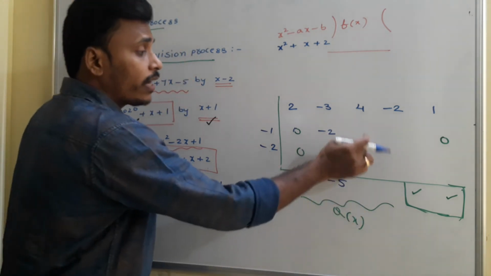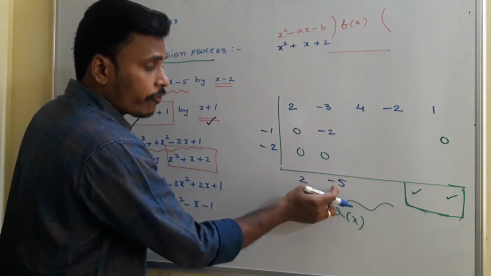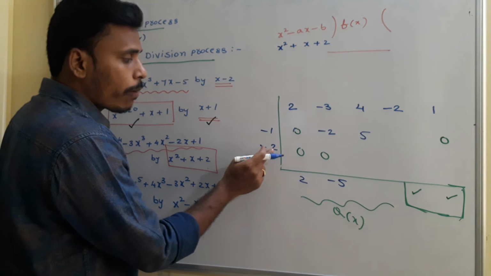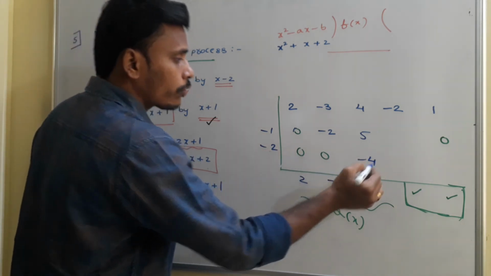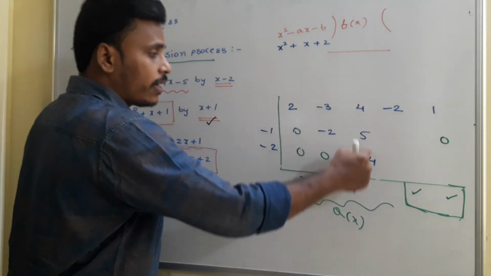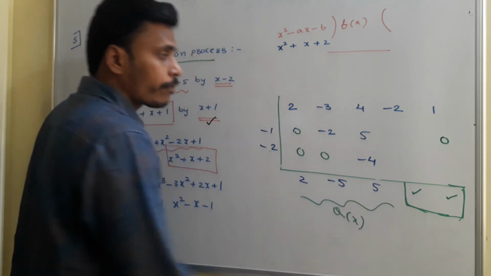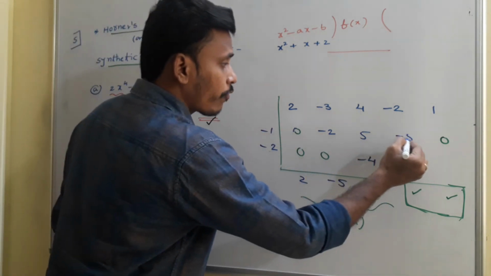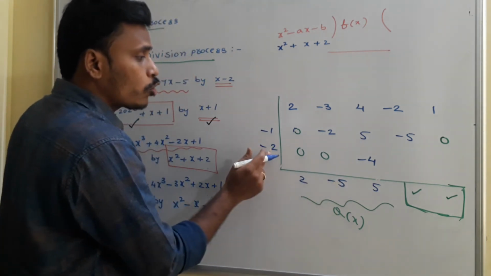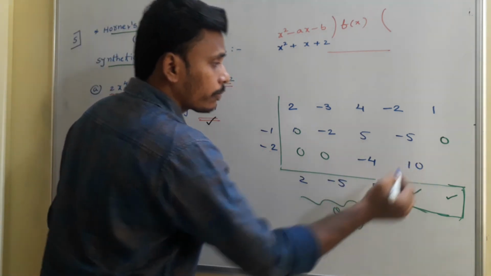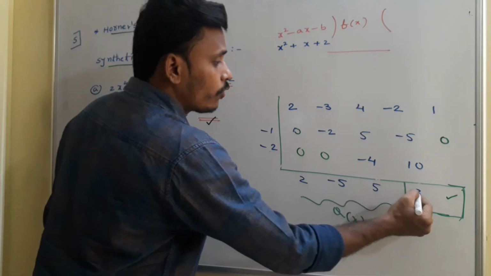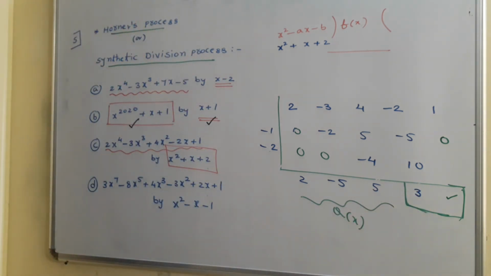And then to write these two numbers, minus 5 into minus 1 is 5. 2 into minus 2 is minus 4. Add again these numbers, that is 5... Again 5 into minus 1 is minus 5. Minus 5 into minus 2 is plus 10. And then 10 minus 7 will give you 3.